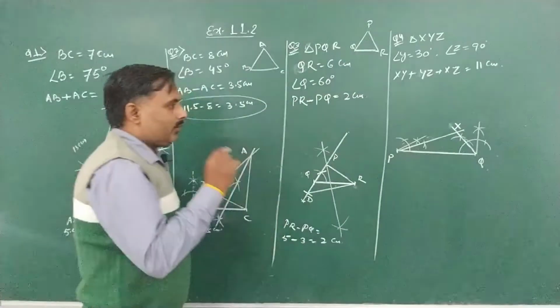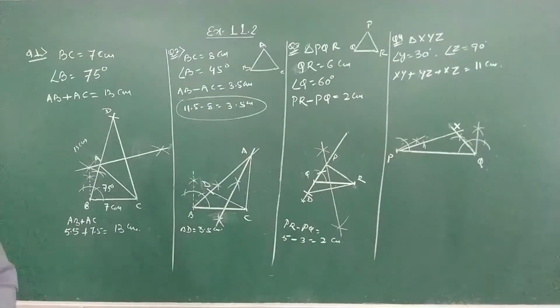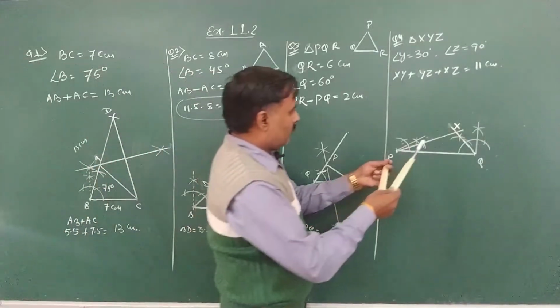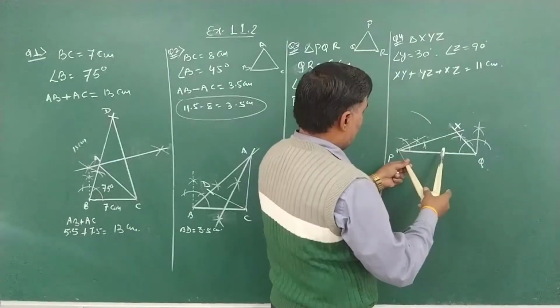Now, when we draw the perpendicular bisector of PX and QX, we got our Y and Z. So draw the perpendicular bisector of QX. I'm opening it more than half. You know how to draw the perpendicular bisector.